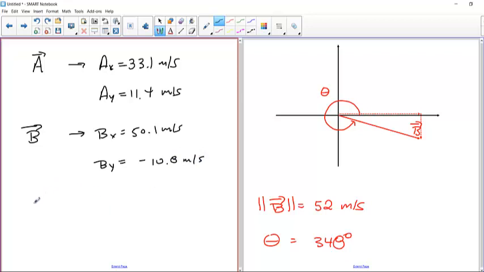Okay, so when we do the vector addition, vector A plus vector B, the way we do that is you add x components and you add the y components.